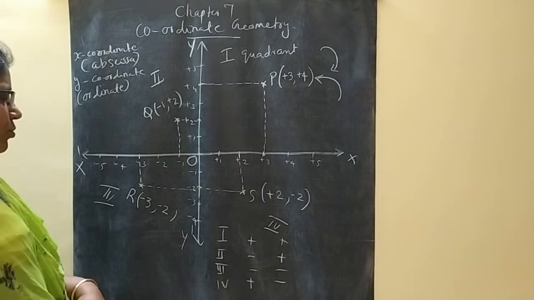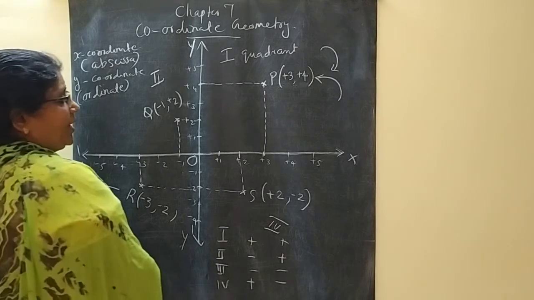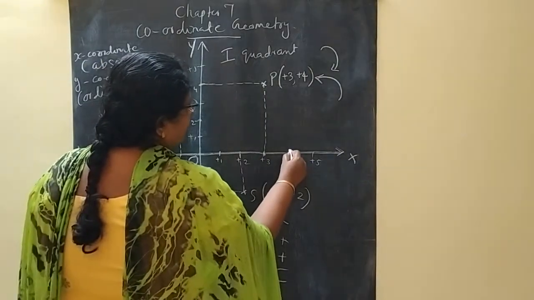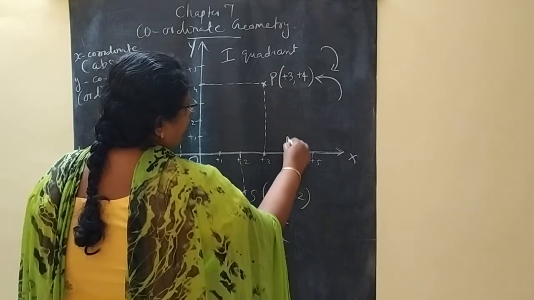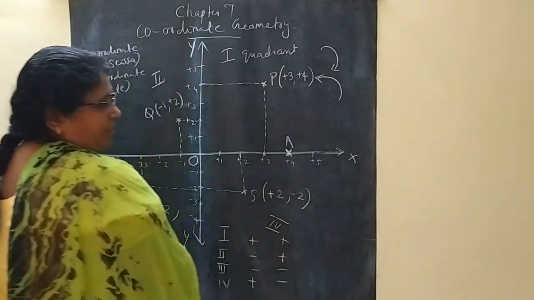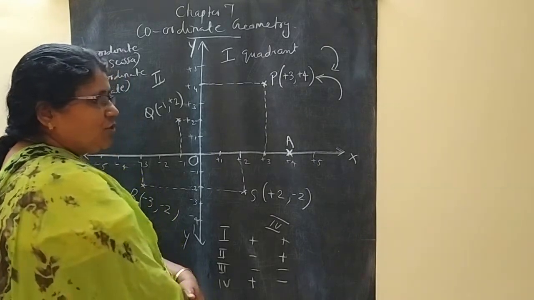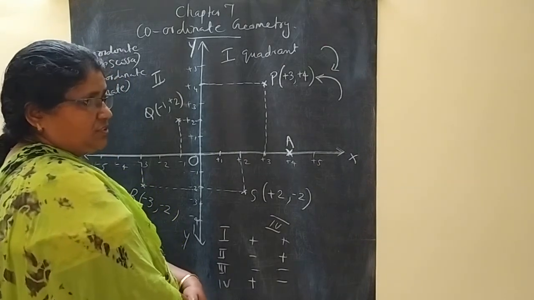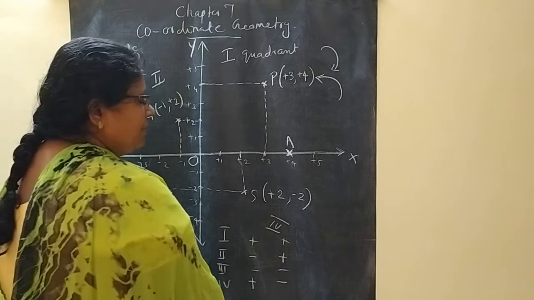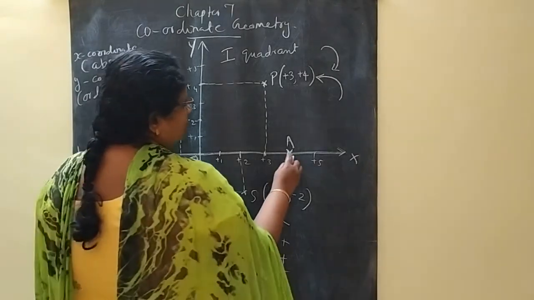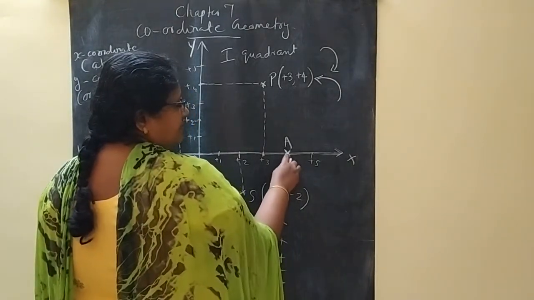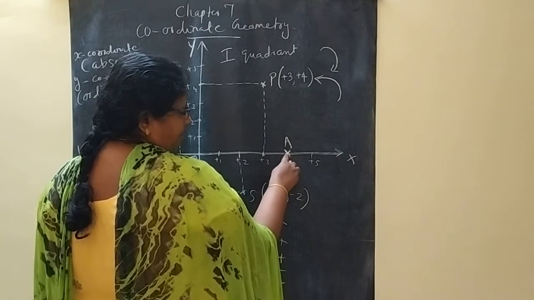Okay. Now, if we mark a point on the x-axis, suppose I mark a point here, A. For finding that point, you have to draw a perpendicular to the x-axis. But we can't draw a perpendicular since that particular point is on the x-axis only.